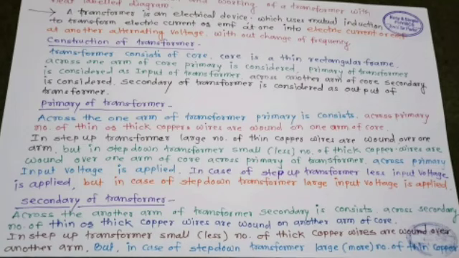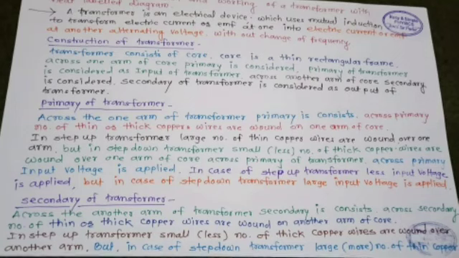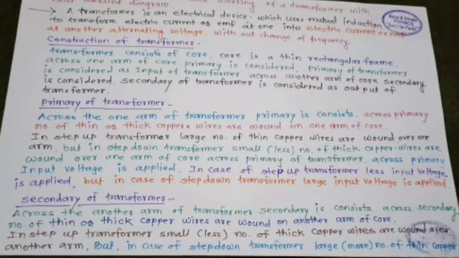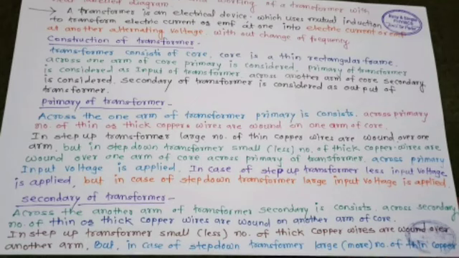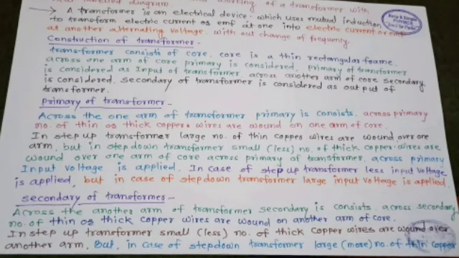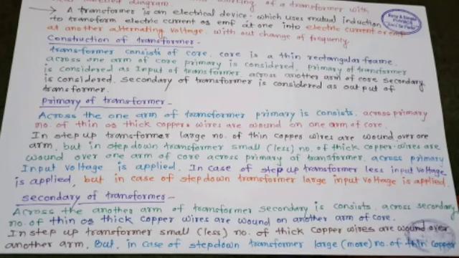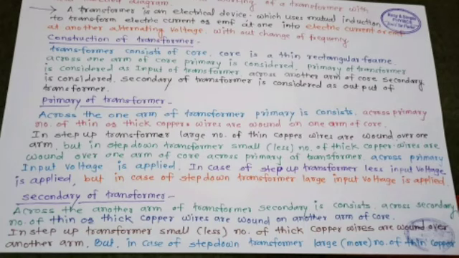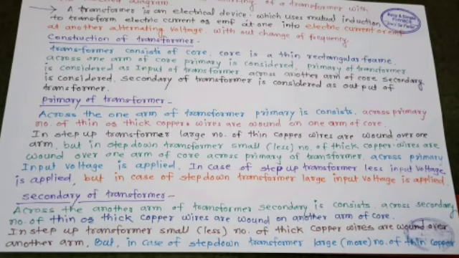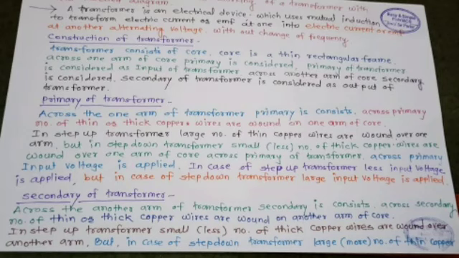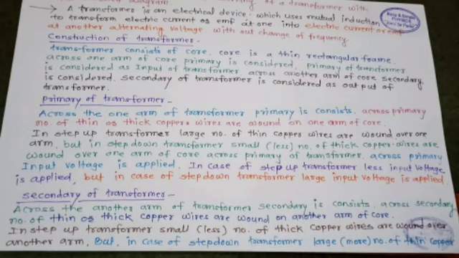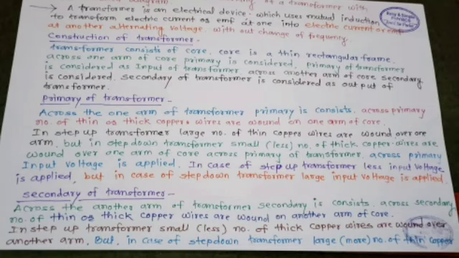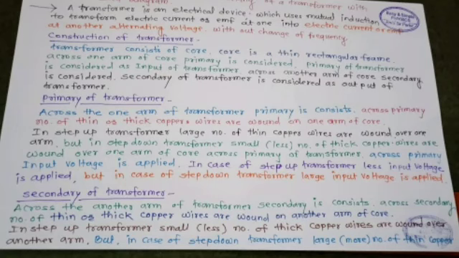But in the case of a step-down transformer, a small number of thick copper wires are wound over one arm of the core across the primary of the transformer. Across the primary of the transformer, input voltage is applied. In the case of a step-up transformer, less input voltage is applied. But in the case of a step-down transformer, large input voltage is applied.